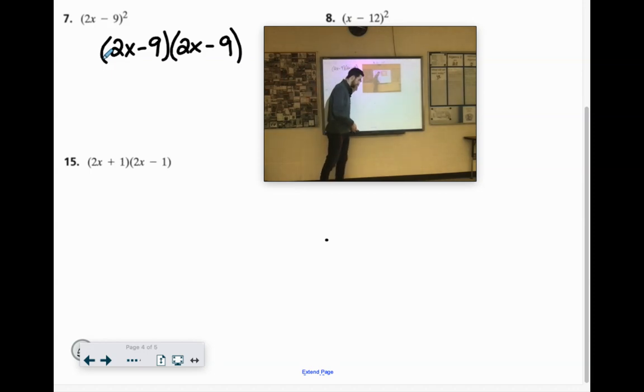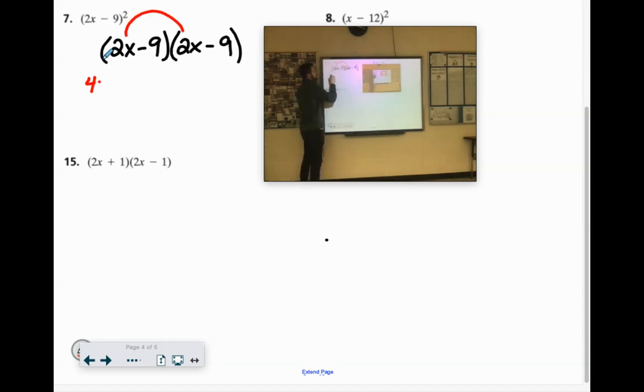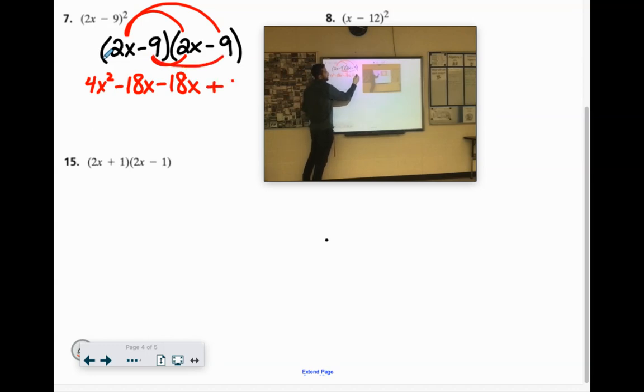Trust me, it's not that much more than the shortcut anyway. So if you do your first terms, 2x times 2x is 4x squared. 2x times negative 9 would be negative 18x. Inside, negative 9 times 2x is negative 18x. And last, negative 9 times negative 9 is positive 81.